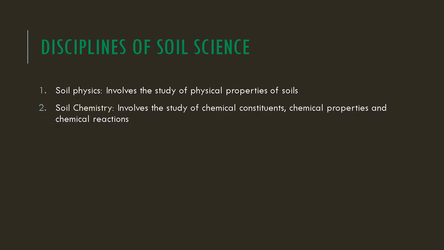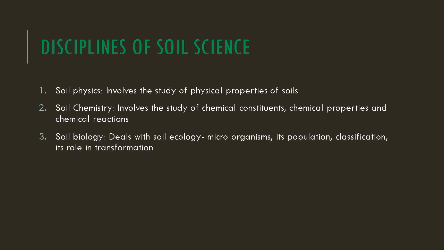Then we'll also be talking about soil chemistry, which involves the study of chemical constituents, chemical properties, and chemical reactions. So what are the nutrients that are found in a particular soil in terms of phosphorus, potassium, total nitrogen, organic carbon, magnesium, base saturation, cation exchange capacity? All these are going to be dealt with under soil chemistry.